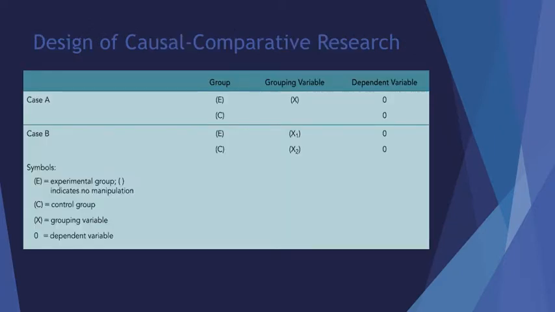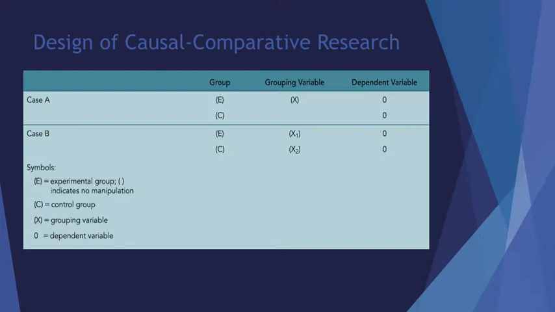On this slide, you see a table, and it shows the basic causal comparative design. We have a case A and a case B, and both have an experimental and a control group. However, in case A, one group possesses a characteristic the other one does not. But if you look at case B, both groups have the characteristic, but to a differing degree or amount.